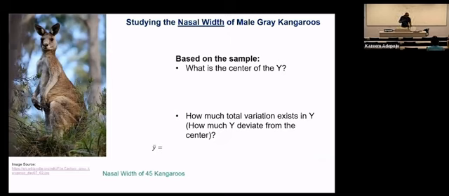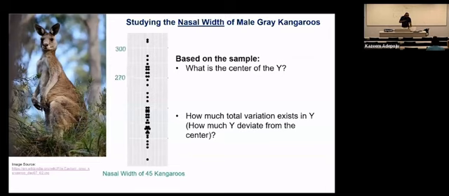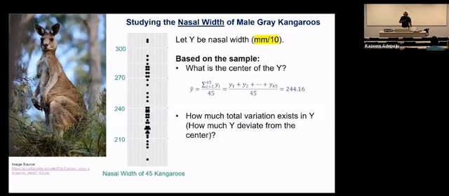So if I want to figure out the nasal weight of a male kangaroo, what I'm basically going to do is take a sample of male kangaroos. Then I'm going to have a measure. Like here, we're choosing 45 kangaroos, and on each kangaroo, we measure the nasal weight.